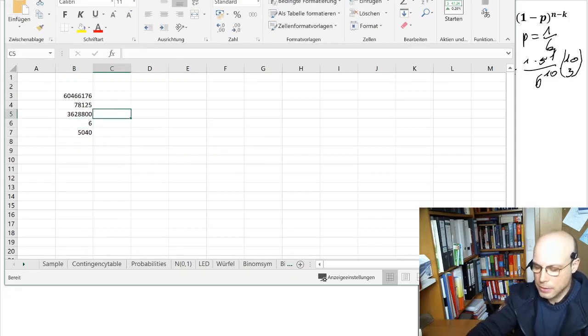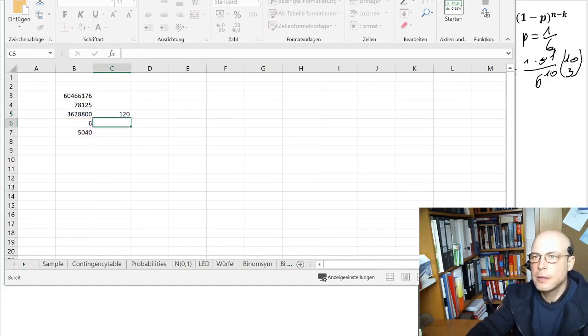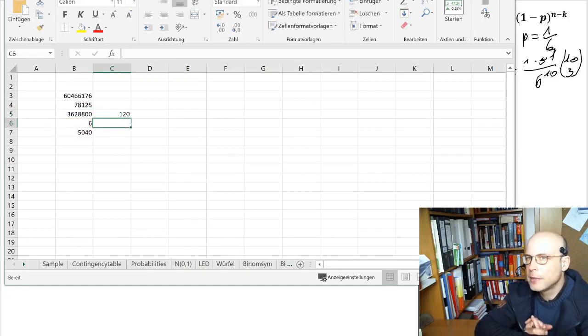Then we need this over this times this. This is our binomial coefficient.